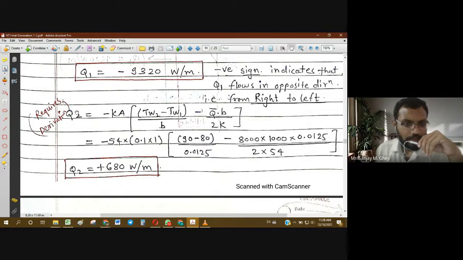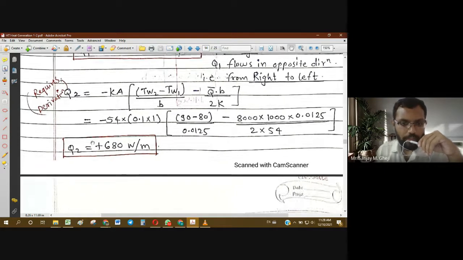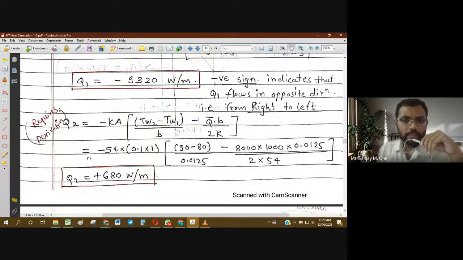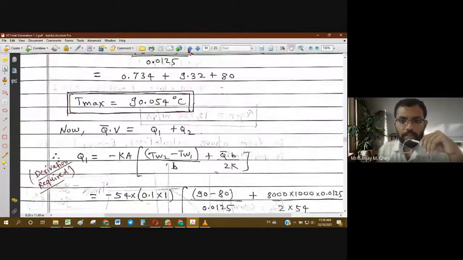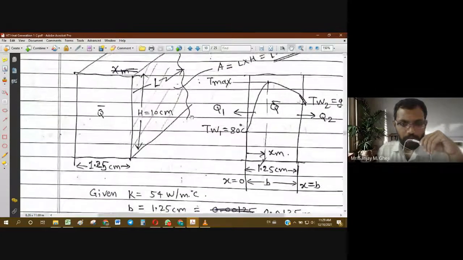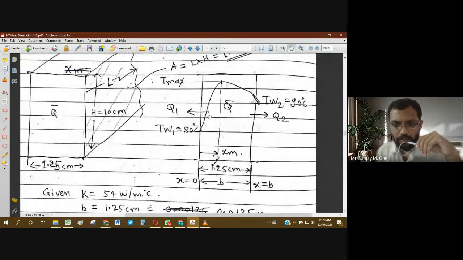Then for Q2, the rate of heat transfer, again you get this from the derivation. You put in all the values. Now it is coming with plus sign. It is positive 680 watt per meter, because its direction is towards right. If you get back to the diagram, Q1 is towards left and Q2 is towards right.